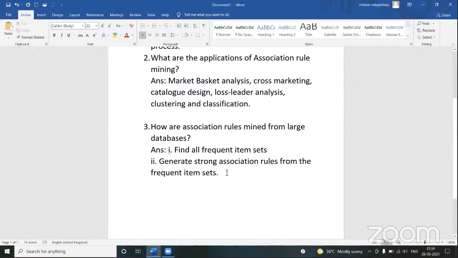Next question. Define data classification.